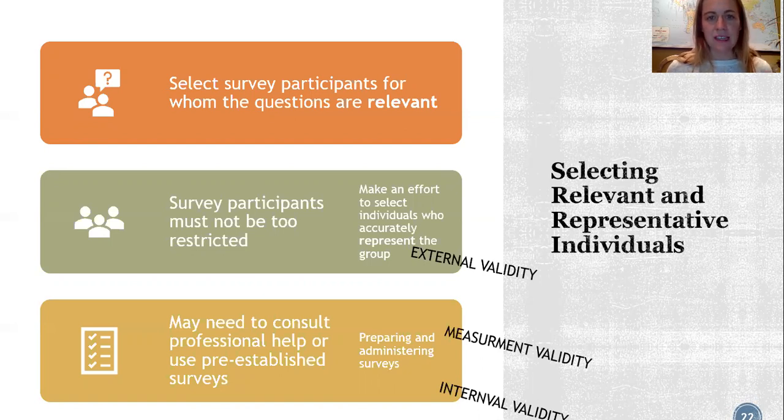And we want to make sure that our sample can generalize to the general population. And when in doubt, if you're creating your own survey, you should ask for help or look for surveys that have been done in the past so that you can be sure that your questionnaire has high overall validity.